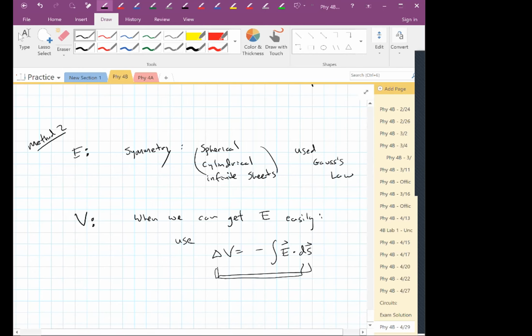So usually when you see this technique, it says, let V equals 0 at, and they give you some location in the problem. Sometimes it's infinity. If you have spherical symmetry, it's usually at infinity. If you have cylindrical symmetry, it's usually on one of the surfaces of the cylinder. You'll see why when we get to that.